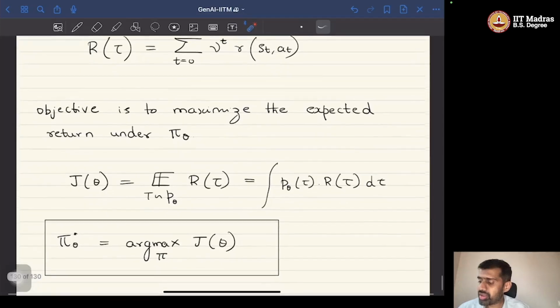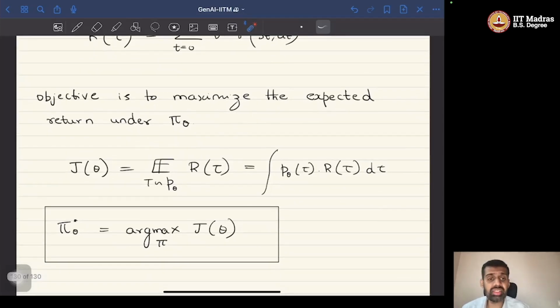Now, once we have this discounted return, the objective is to maximize the expected value of this discounted return under the distribution of all possible trajectories, right? That is, we want to obtain a policy pi star theta that would maximize the expectation of the discounted return, while the expectation is taken over the distribution of the trajectories, in turn the distribution of the policy.